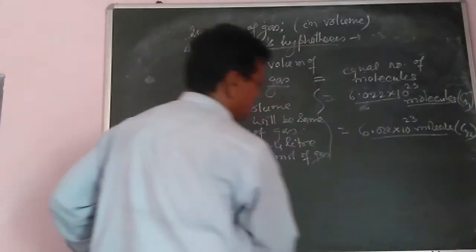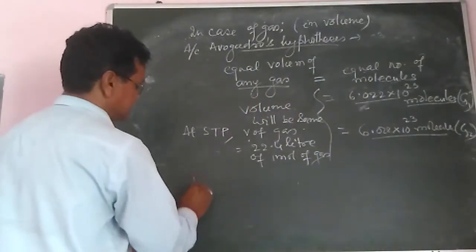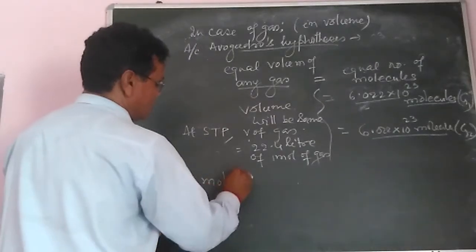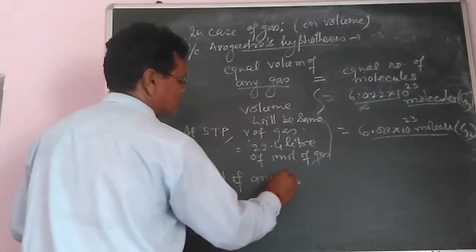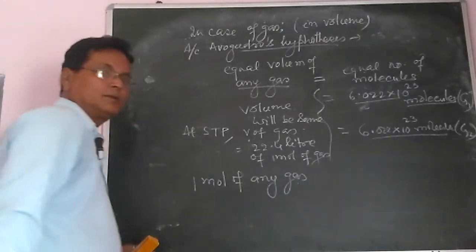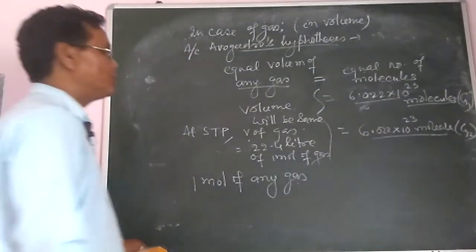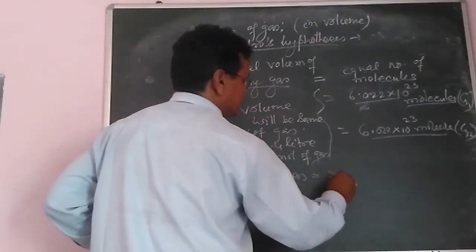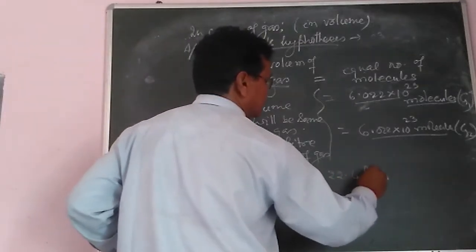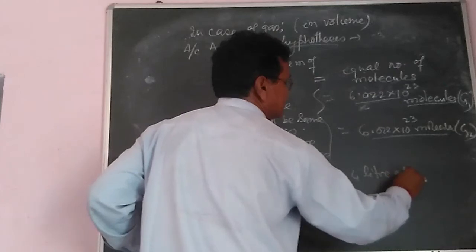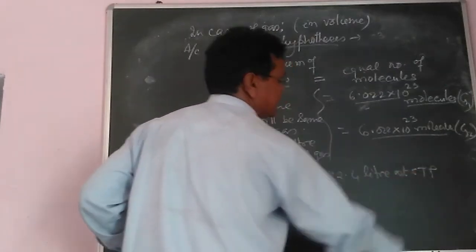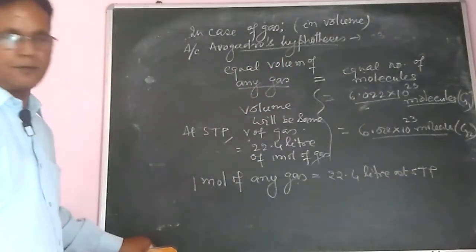It means 1 mole of any gas will always occupy the equal volume at STP, that is 22.4 liters at standard temperature and pressure.